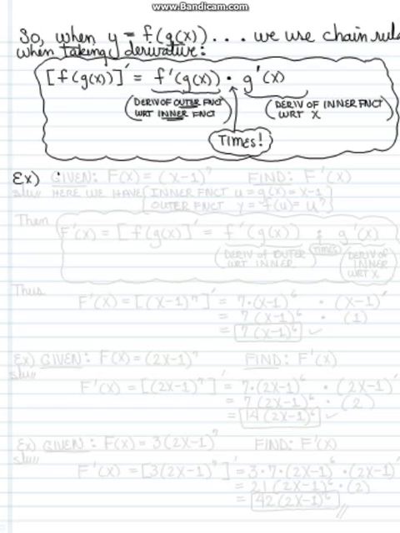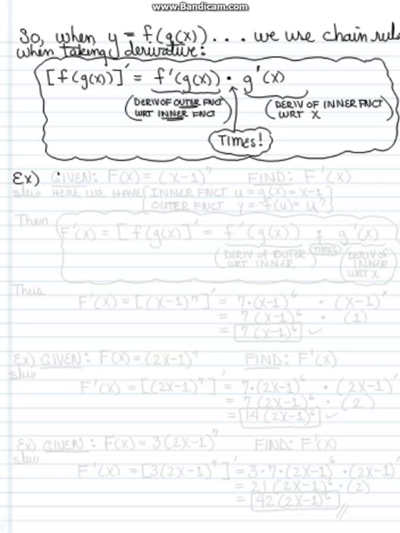The chain rule is: [f of g of x] prime equals the derivative of the outer function f with respect to the inner function g of x, times, see, the chain rule has a multiplication here, the derivative of the inner function g with respect to x.